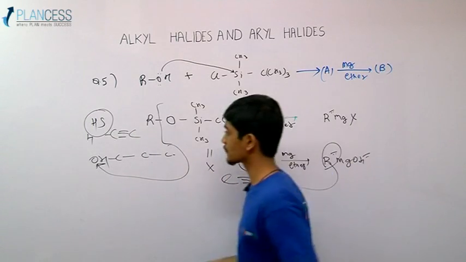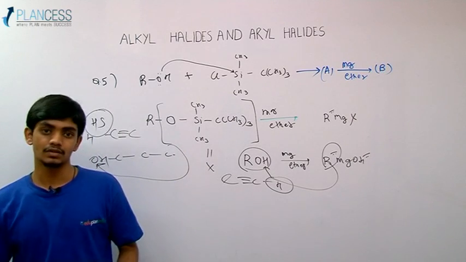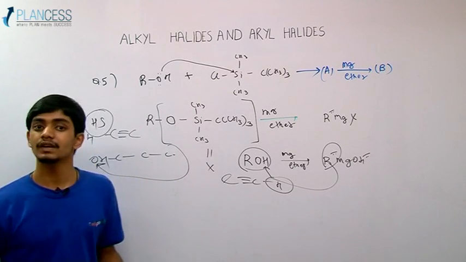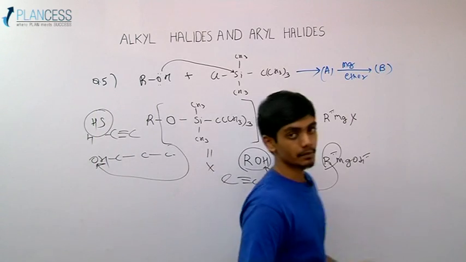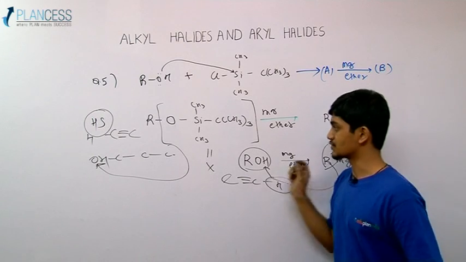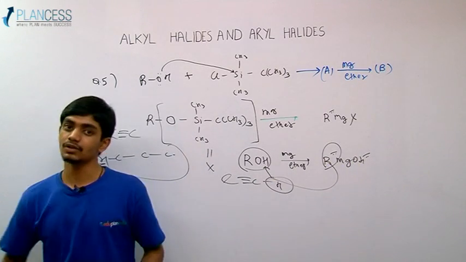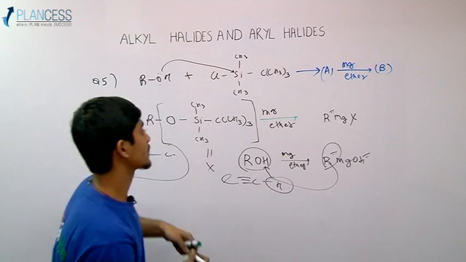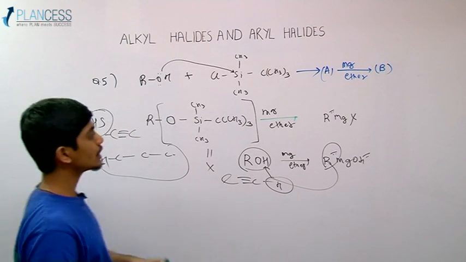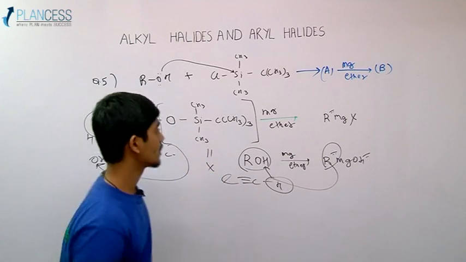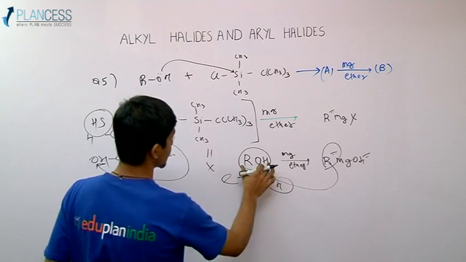So be very careful. If you are given Mg ether, just don't directly write the Grignard reagent. You have to be very careful, and we have to judge whether Grignard reagent could be prepared from this particular reaction or not.